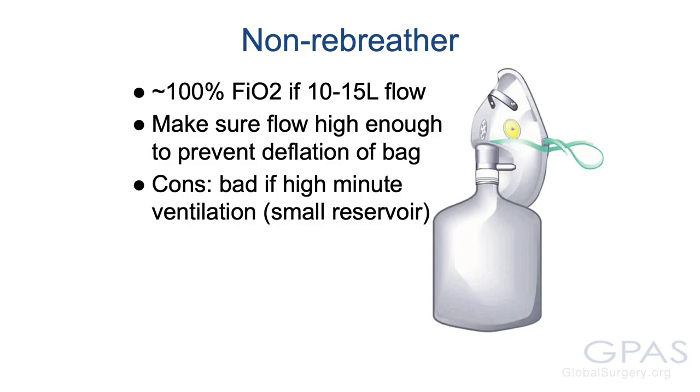It has a reservoir bag that allows delivery of sometimes up to 100% oxygen. However, this is still dependent on the patient's minute volume. You must make sure that the flow is high enough to prevent the bag from deflating with inspiration.